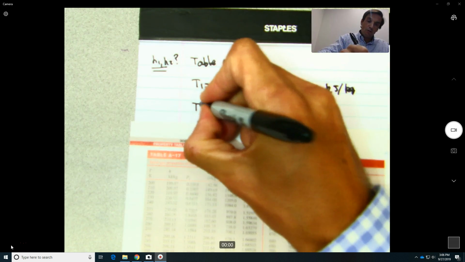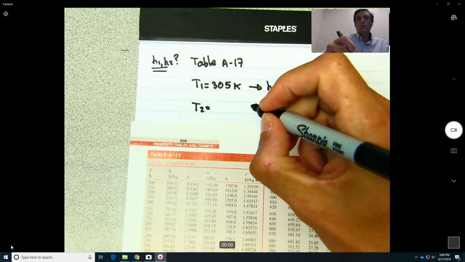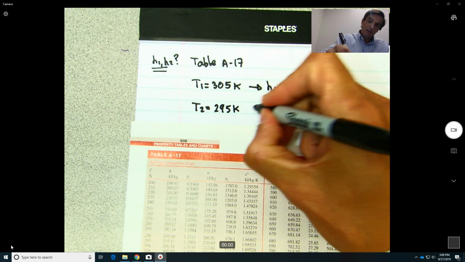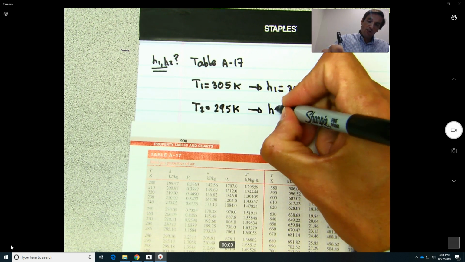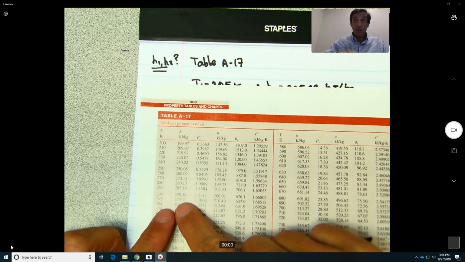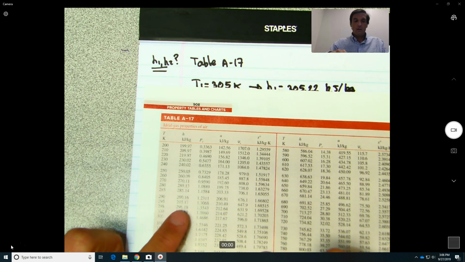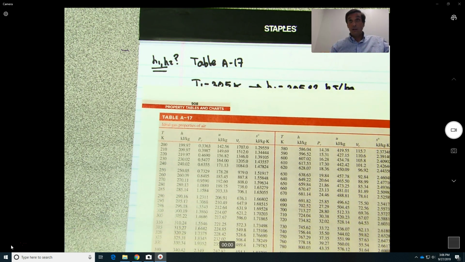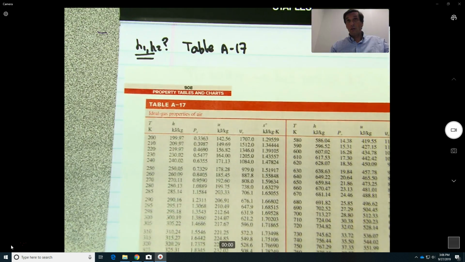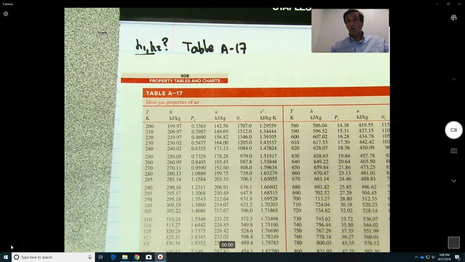And that at T2 equal to 295 Kelvin, we'll have that H2 to be equal to what? So 295 would be, let me see if I can zoom in a bit more, would be 295.17.